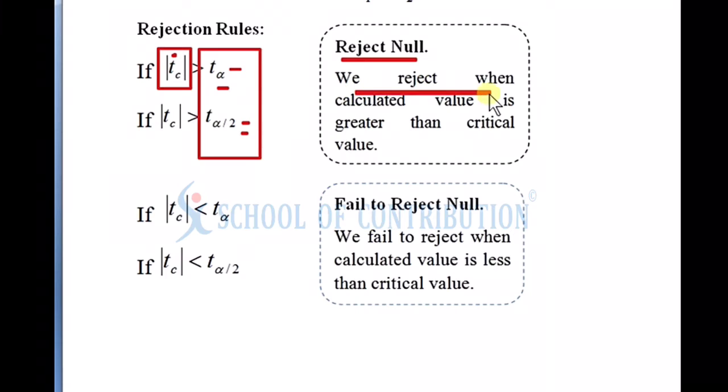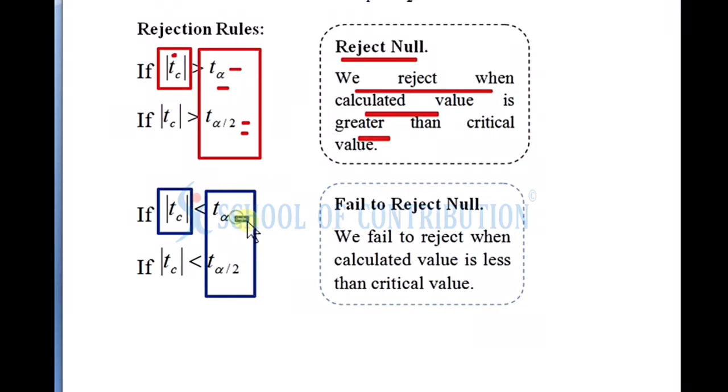We reject when the calculated value is greater than the critical value. In the second case, if the absolute value of the calculated t is less than the two tail or one tail critical value of t, we fail to reject the null hypothesis, because the calculated value is less than the critical value.